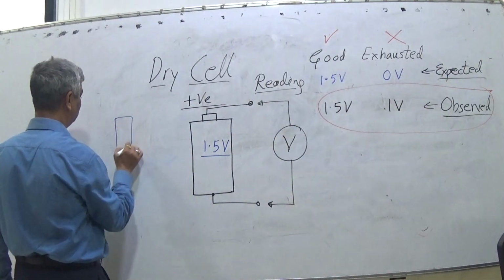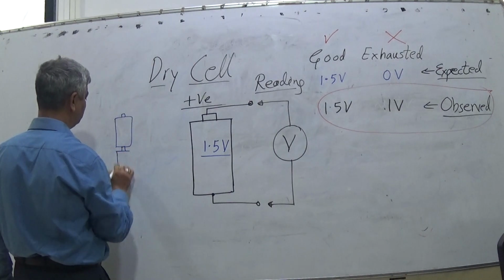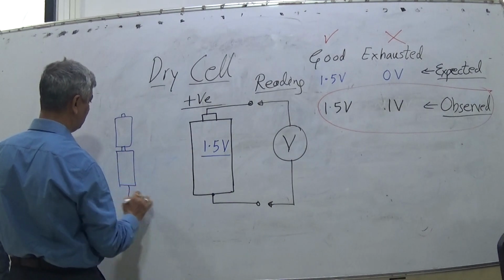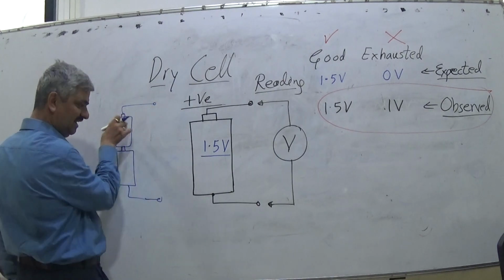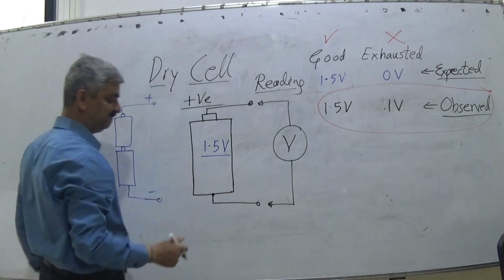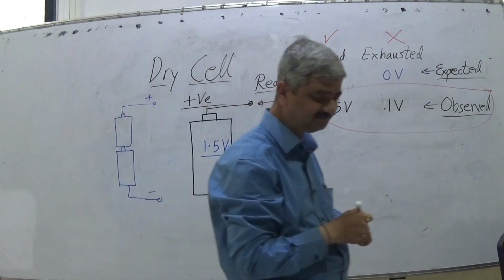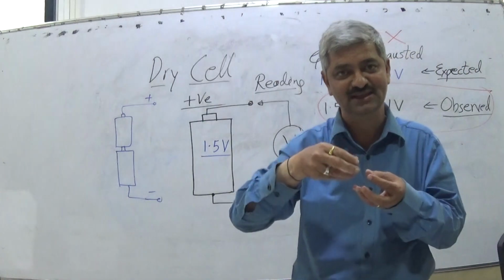What you have got? The cells are in series, this is the place for cells, it has plus and minus, and it goes to supply the circuit. Then you say, no, I will prepare one separate enclosure in which I will connect them.